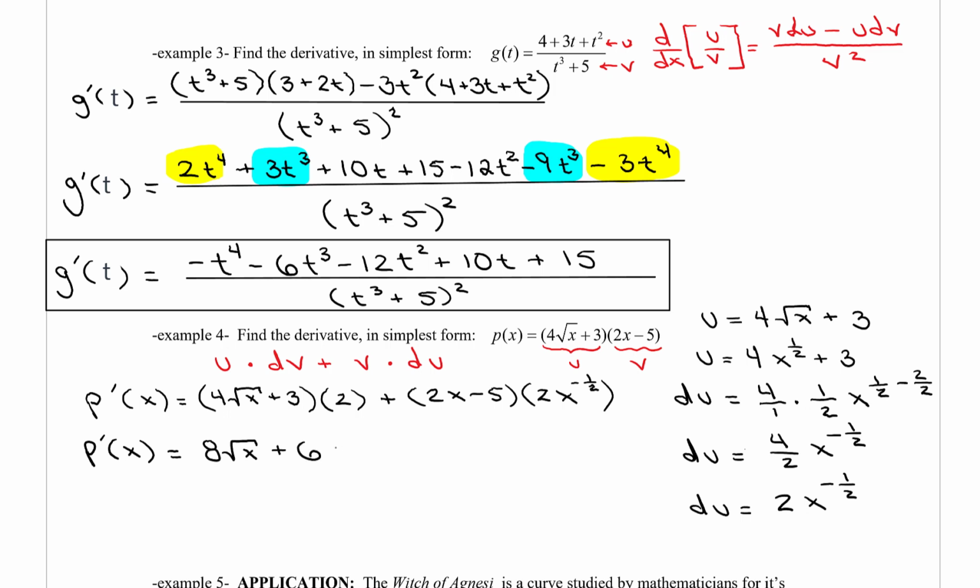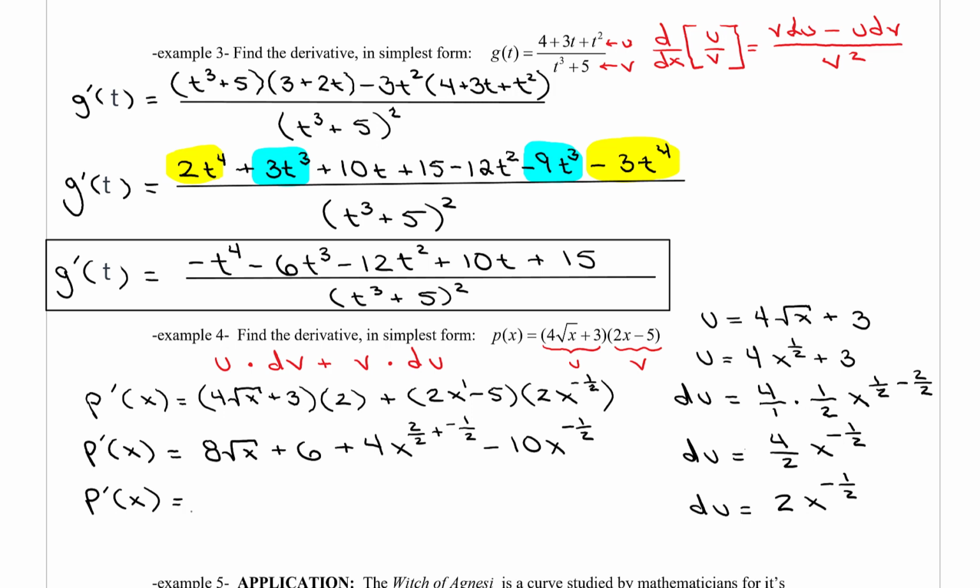And then plus 6, because 3 times 2 is 6, plus 4x raised to the negative 1/2 power plus 1. So that's going to give me 4x raised to the 2/2 power plus 1/2 power minus 10x raised to the negative 1/2 power.